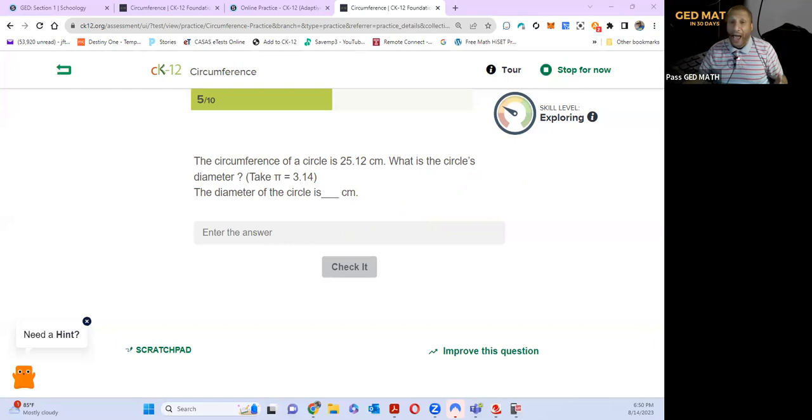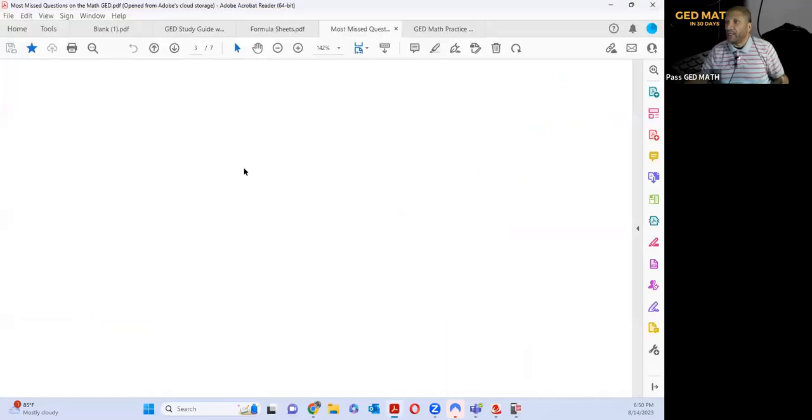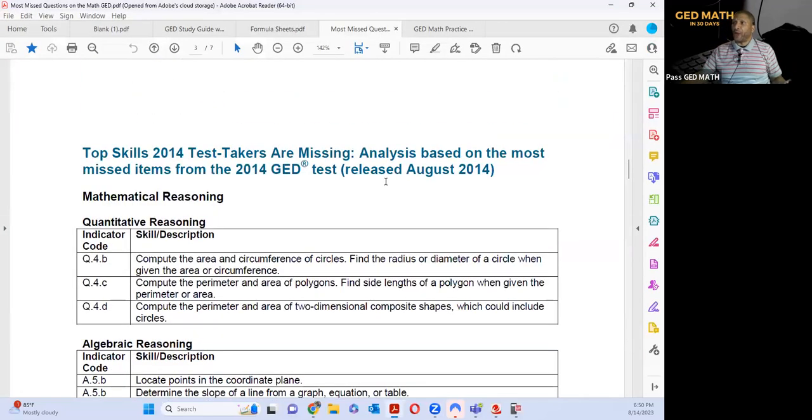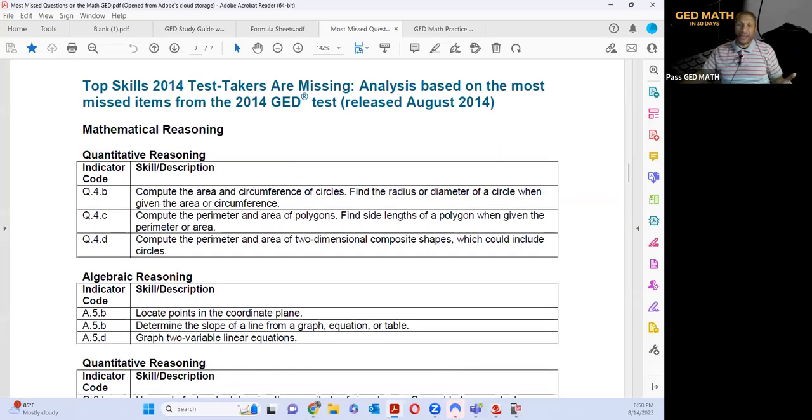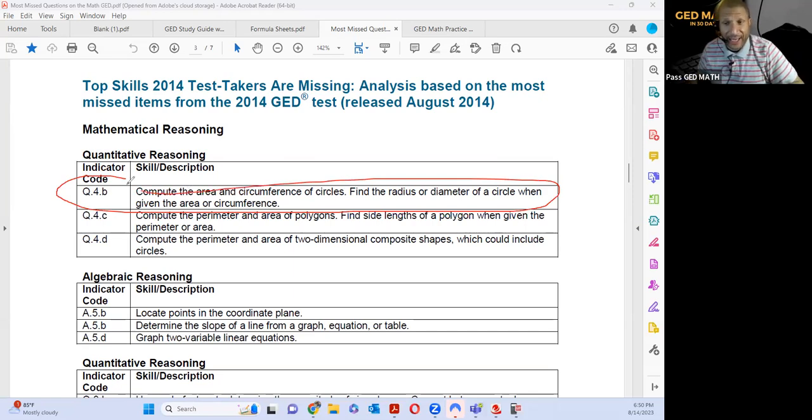But I just showed you this is a document put out by GED: most missed questions, top skills that test takers are missing. I just proved it to you. They're the ones who put it out. If they put out a document saying these are the most missed questions on the exam, you'd best believe it's going to be on your exam.